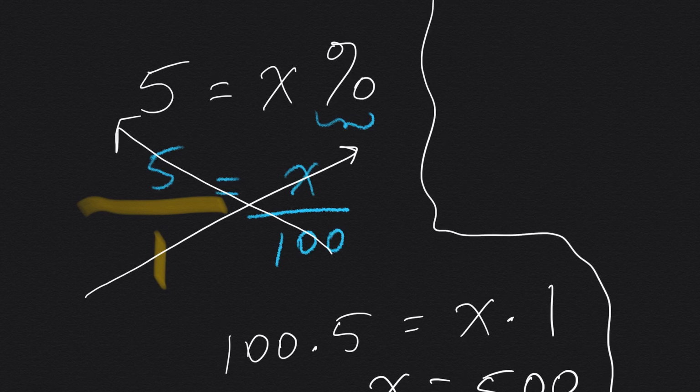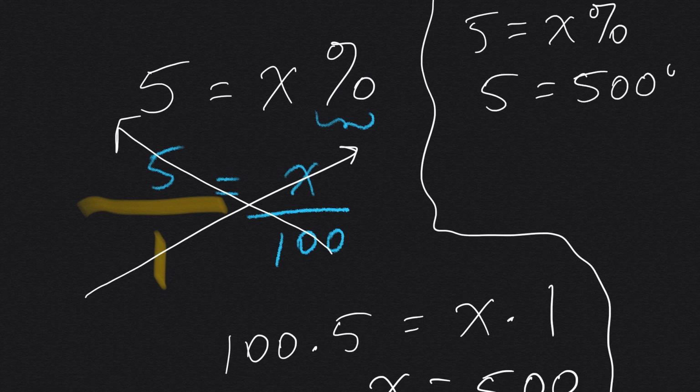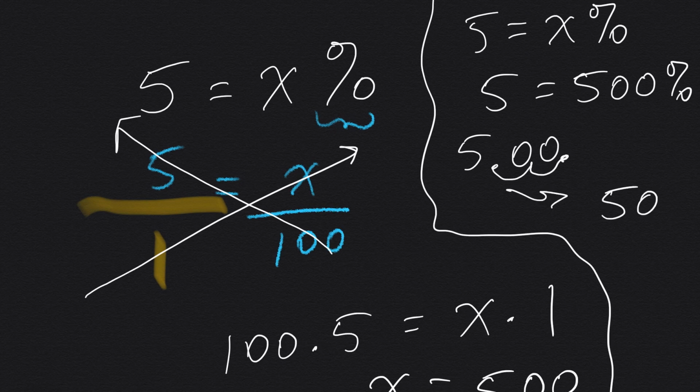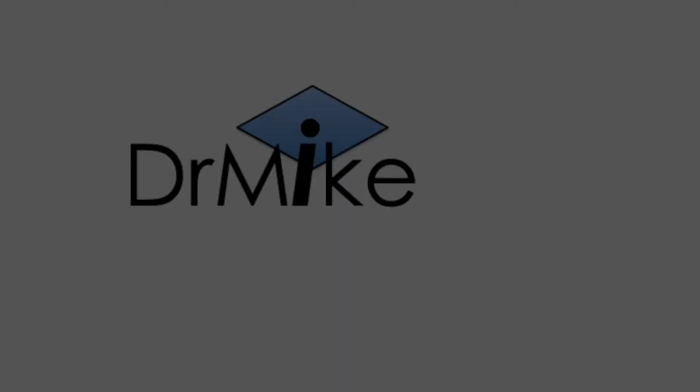So 5 equals what percent? 5 equals 500%. And just to confirm, we achieved 500 by moving the decimal point to the right 2 places, and we get 500.